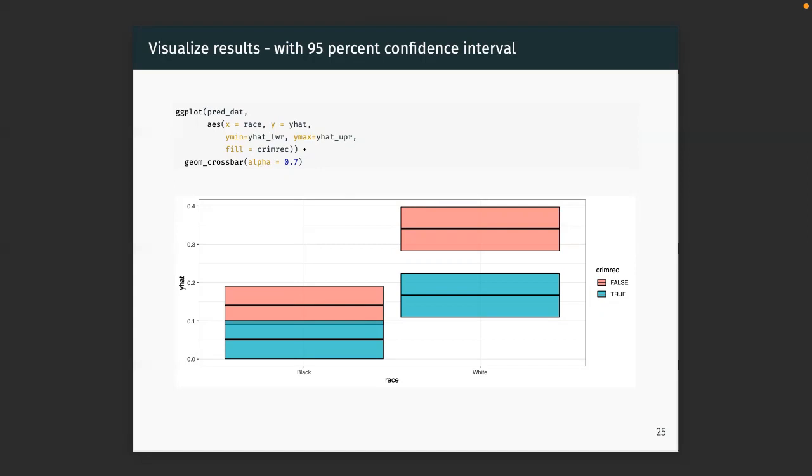But we can change those colors if we like. That's optional. Alpha is just going to make them transparent so we can see if there are zones of overlap. Alpha ranges from 0 to 1. 1 is totally opaque, meaning you can't see through it. 0 is totally transparent, meaning you can't see anything. I find that 0.5, 0.7, those are typically good alpha levels to use if we want something to be transparent.